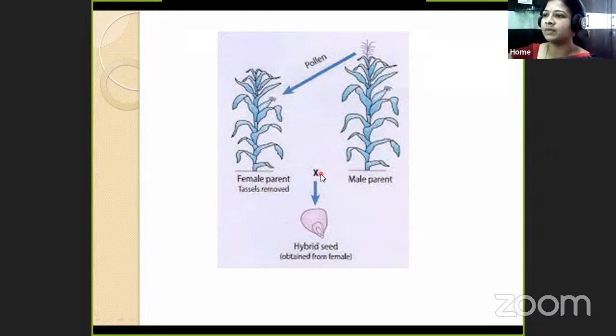So stamens are collected from the male parent, then put on the stigma of the female flower on the female parent. It results in the formation of hybrid seed. So it is the hybrid plant with desirable characters.